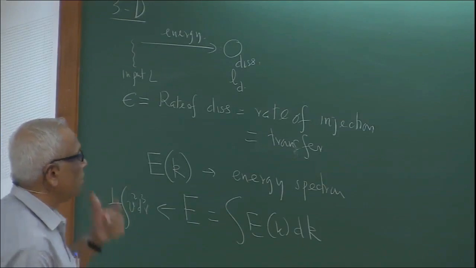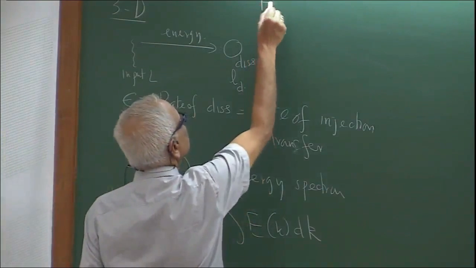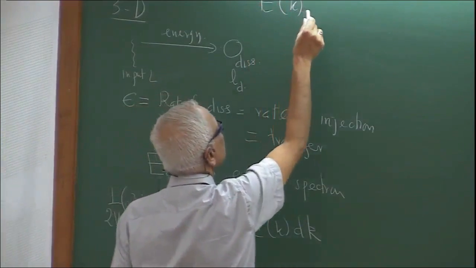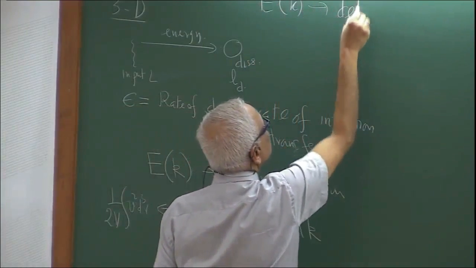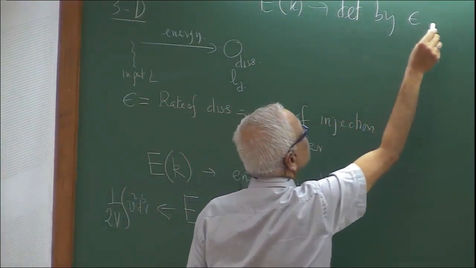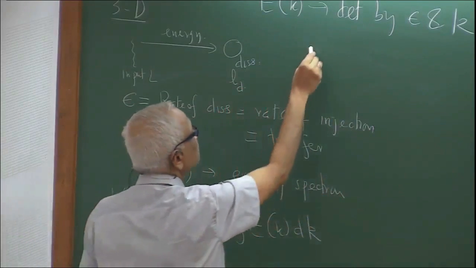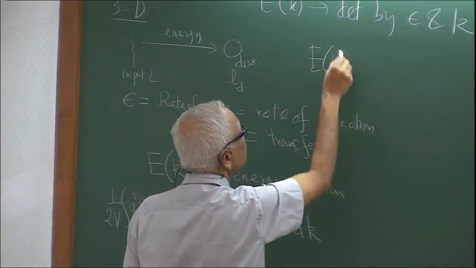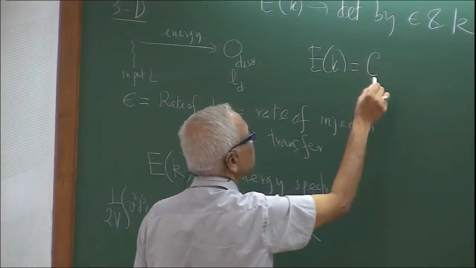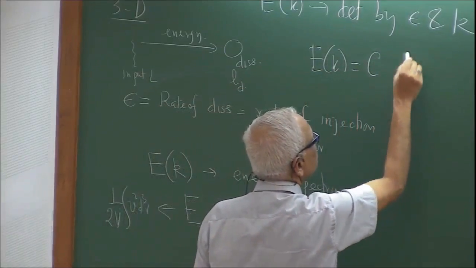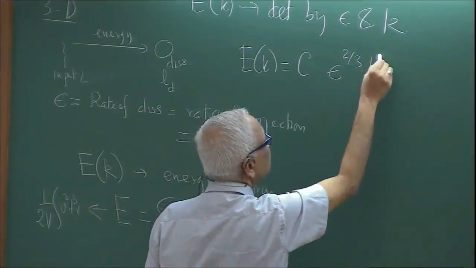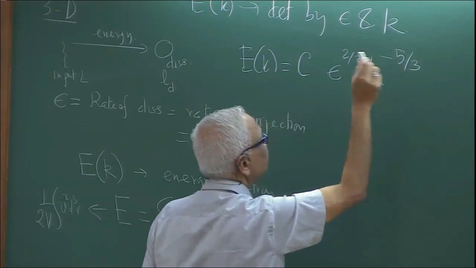The universal behavior is that E(k) is determined by epsilon and k alone. I said that E(k) is equal to some constant times epsilon to some power times k to some power, which dimensional analysis would give me.